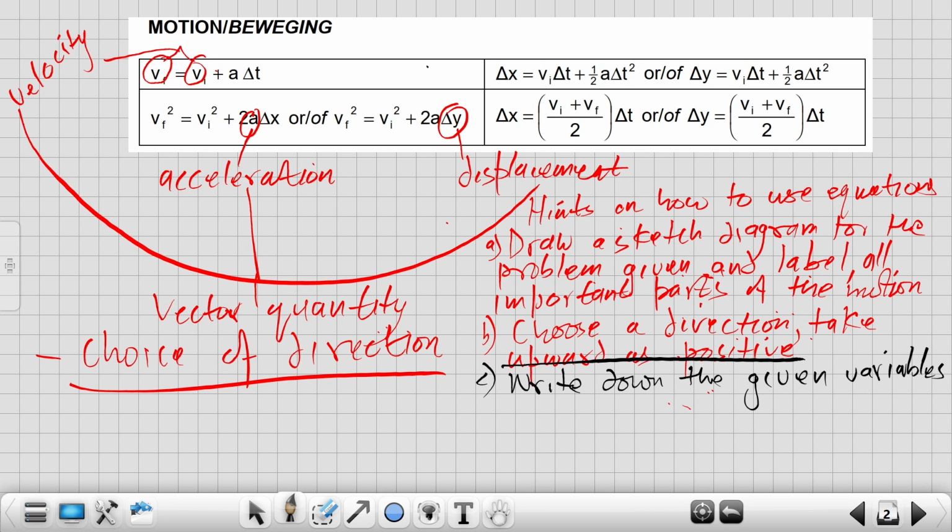But we only need 3 variables to perform calculations.